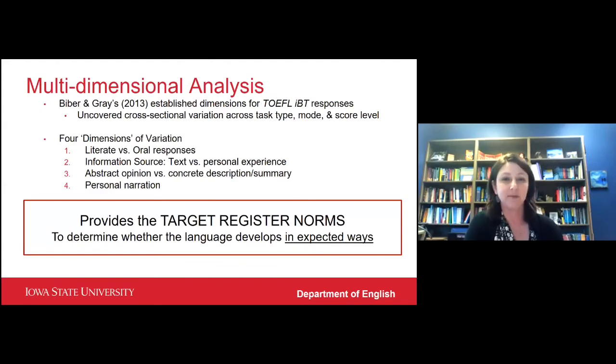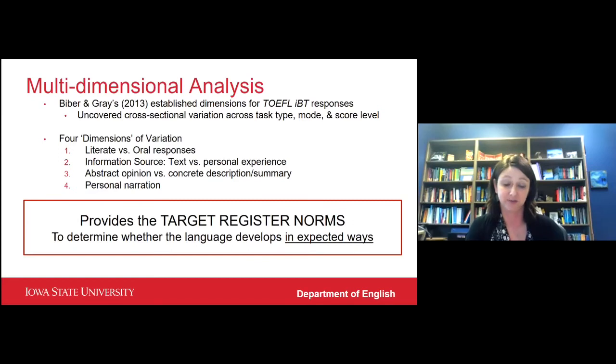But let's take a pause and think about, well, what's the role of this prior MD analysis? The goal here is that this prior MD analysis, based on a much larger data set and a broader range of variation, provides us with the target register norms.